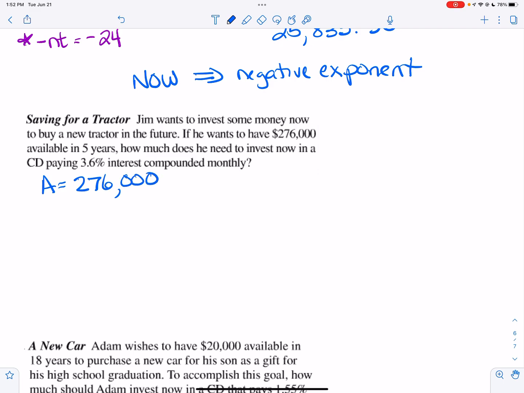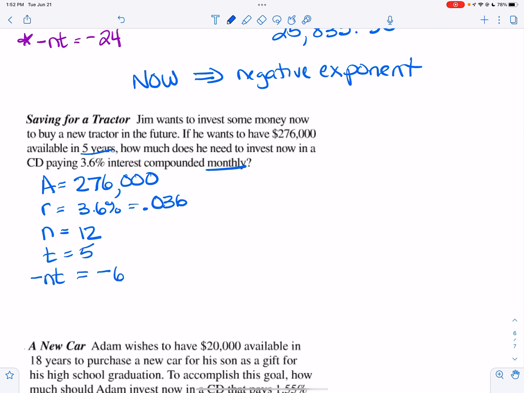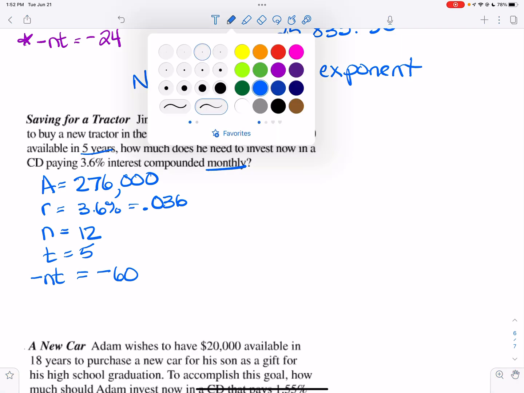The rate that he's investing is 3.6%, which is 0.036. The N is compounded monthly, so there's 12 months in a year, and the time is 5 years. So negative N times T is negative 60.